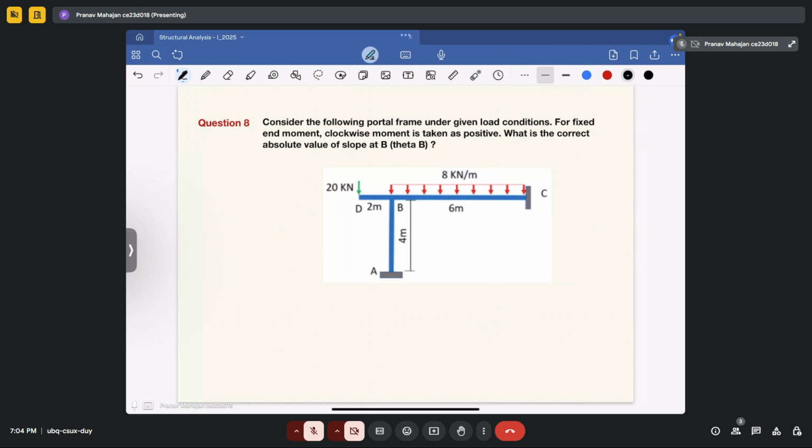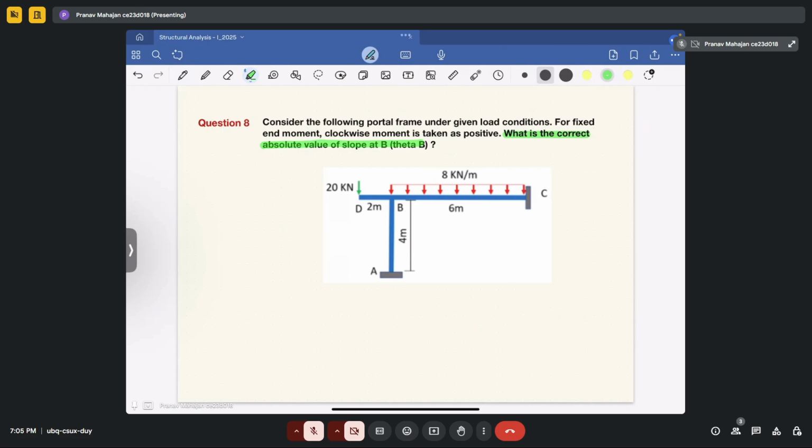So how it will become, we'll see. So in the question, it is asked to you that consider the following portal frame under given loading condition. For the fixed end moment, the clockwise moment is taken as positive. What is the absolute value of slope at theta B?